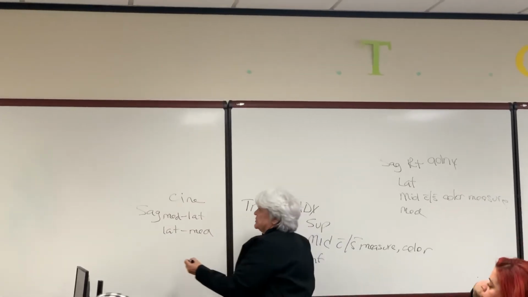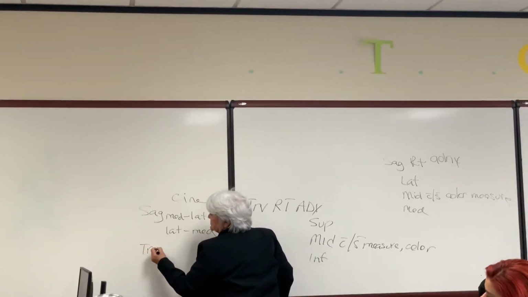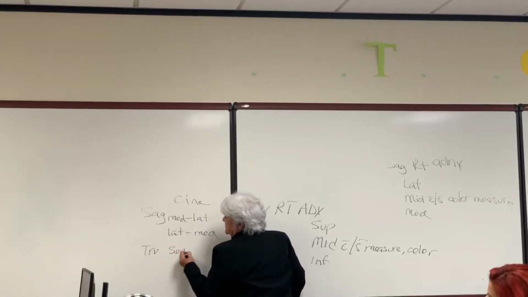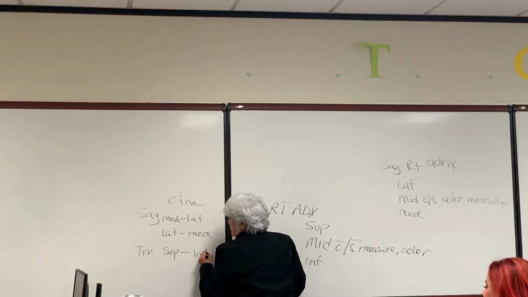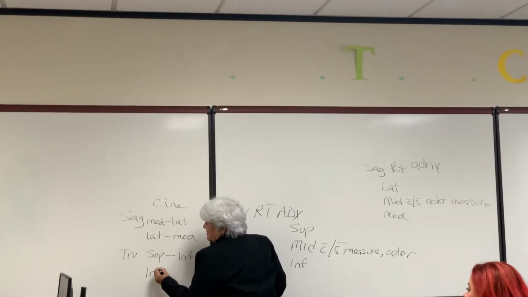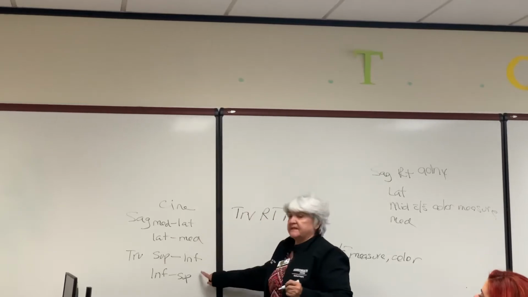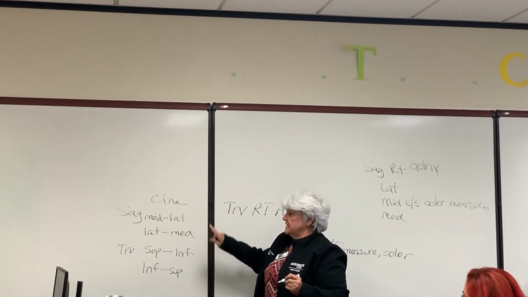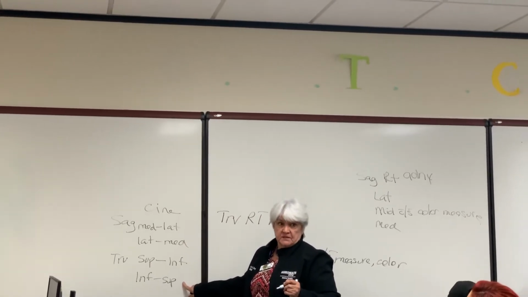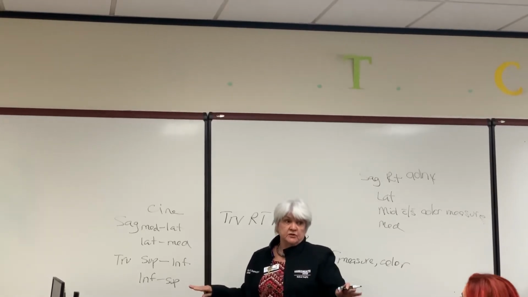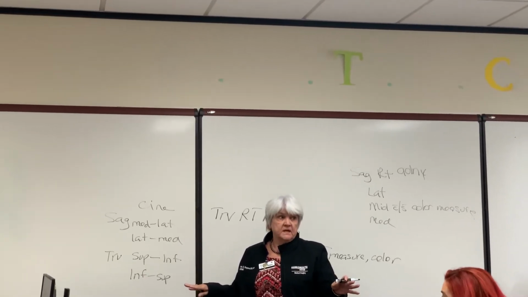Then you're gonna do transverse, superior to inferior, or inferior to superior. And this is gonna be one shot, this is gonna be the other shot, and you're just gonna do a cine and then you're done.